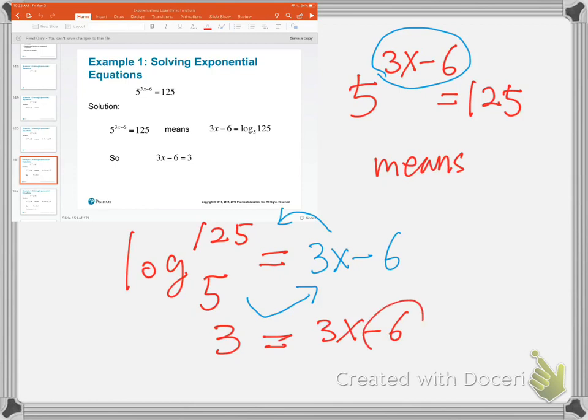So you move 6. You got 3 plus 6, 9 is 3x. So we got x is 3. So we can use properties of exponential equations to solve it, or we can use log to solve it.